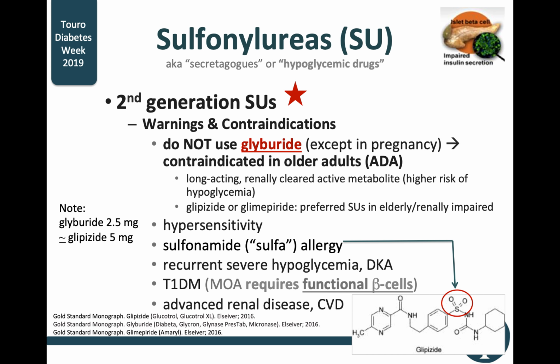So for those in the older generation, their kidneys might not function as well. That might lead to a higher risk of hypoglycemia. So instead, we want to use glipizide or glimepiride in the elderly population and also in those whose kidneys are not working so well.